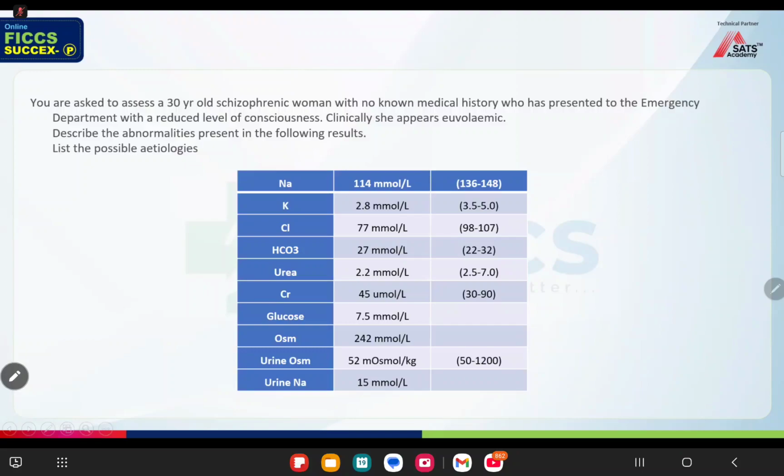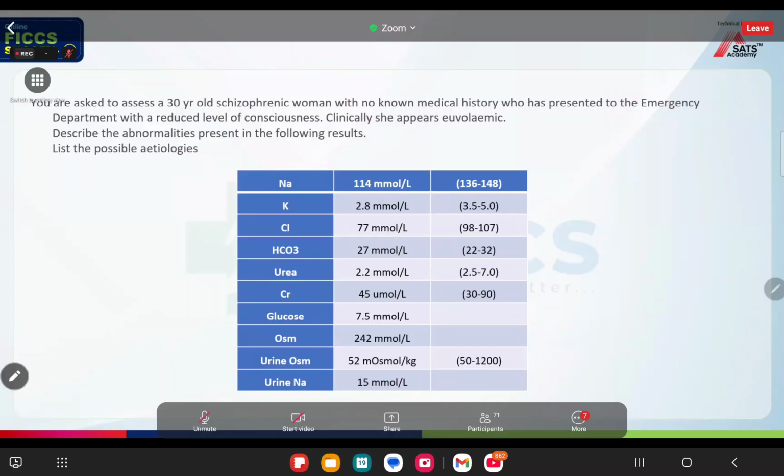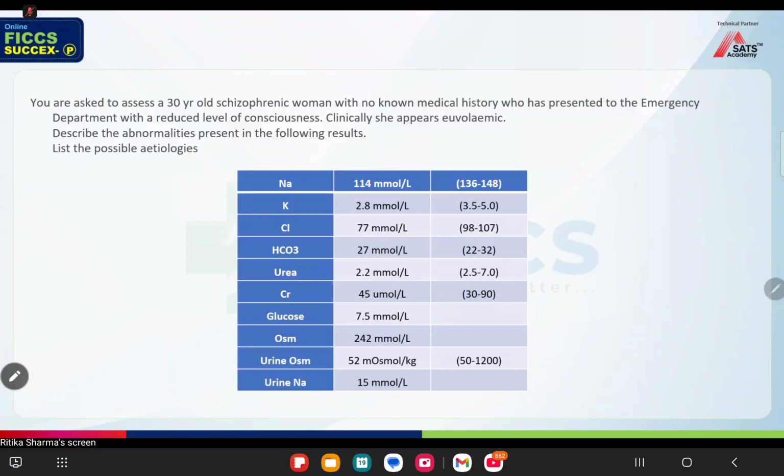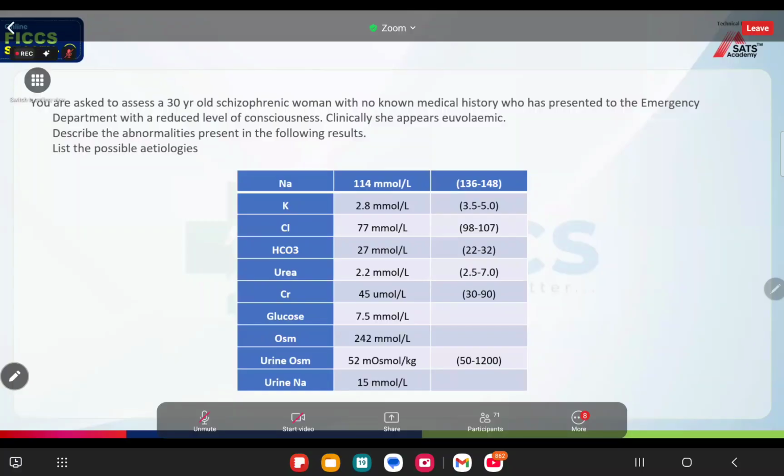So what are the problems? Sodium is low, osmolarity is low. And what are you finding in the urine osmolality? The urine osmolarity is also on the lower side.